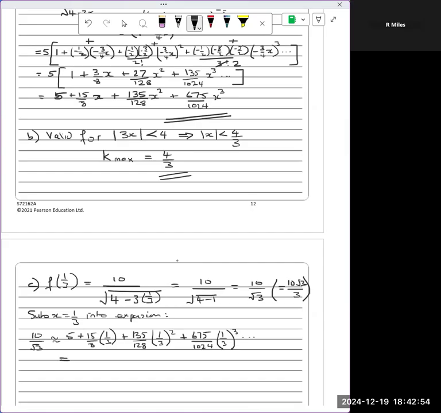So 15 and 3 cancels, so that is 5. A third cancels with 135 to give 45, which goes again, so the whole thing goes to give 15. And here, if I cancel one of the 3s, I get 225. That also divides by 3, so another third goes and I get 75. And that also divides by 3. So I get 25. Okay, well, that makes life a little bit simpler, doesn't it?